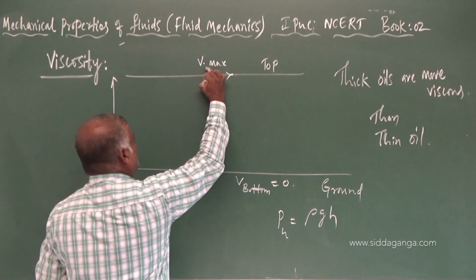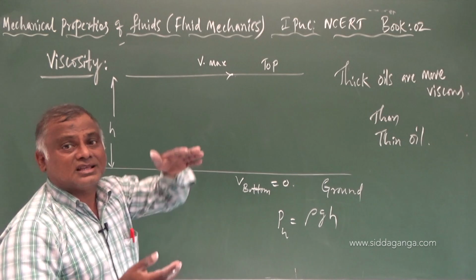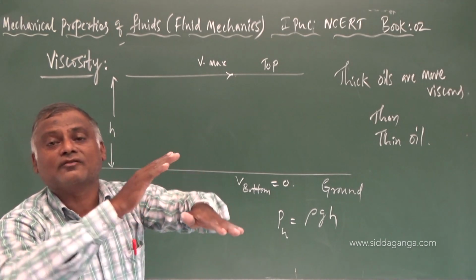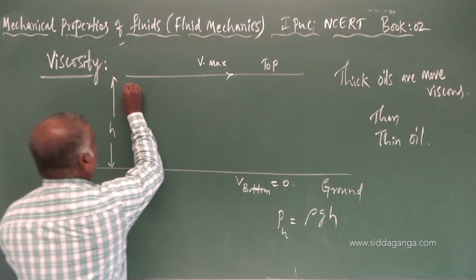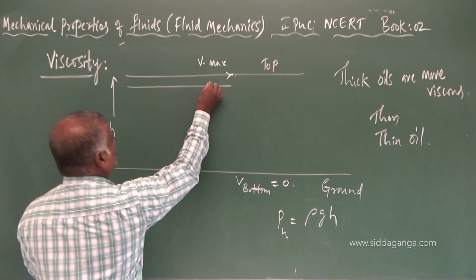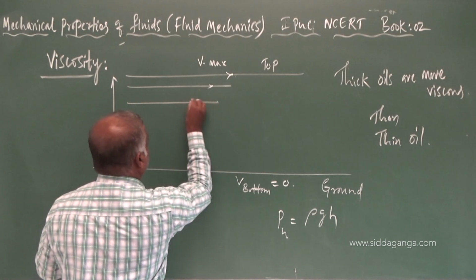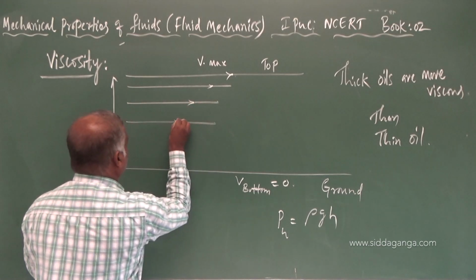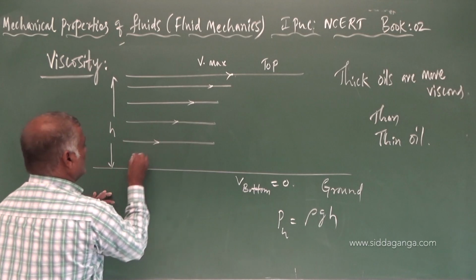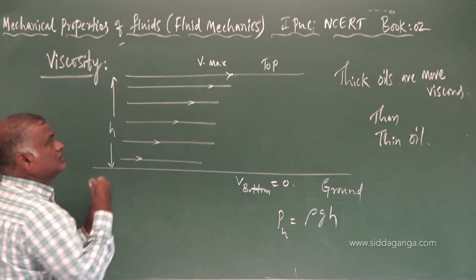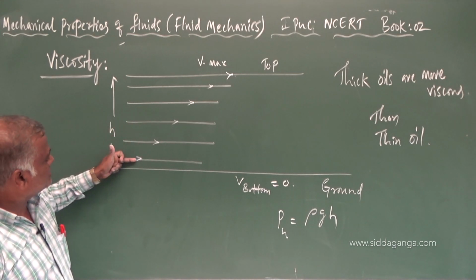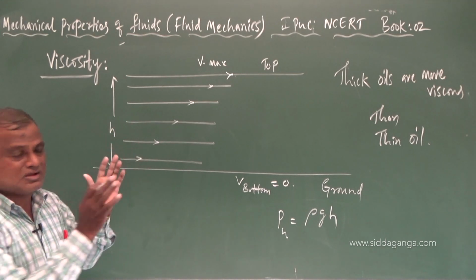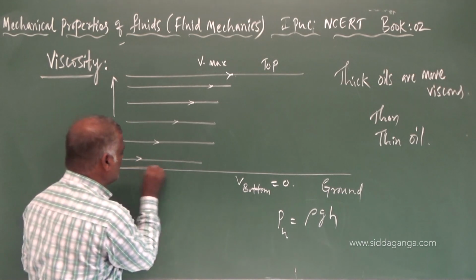So this is the topmost layer. Now we imagine this entire depth of the fluid is divided into layers. What this arrow mark tells you is that at the bottom it is almost at rest.